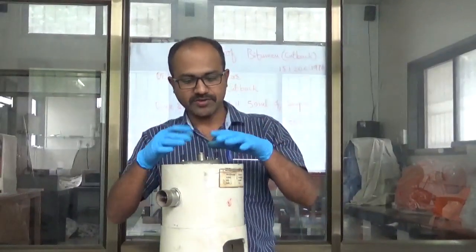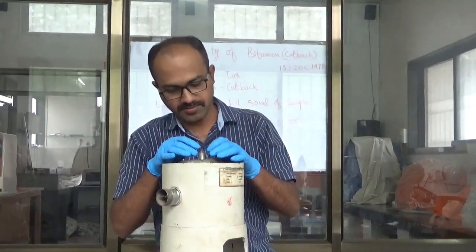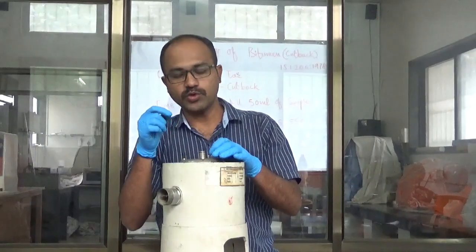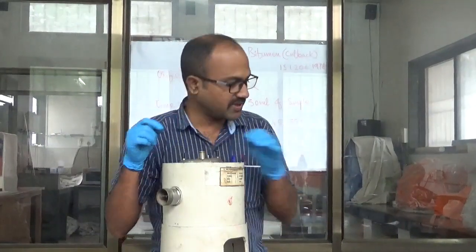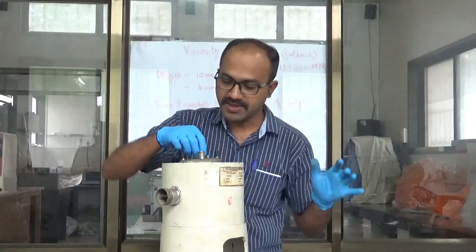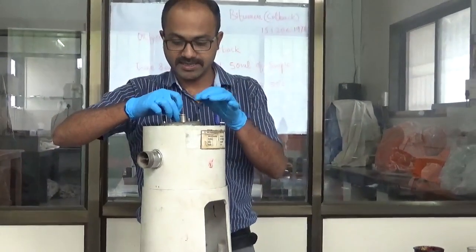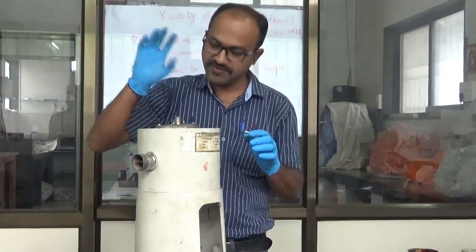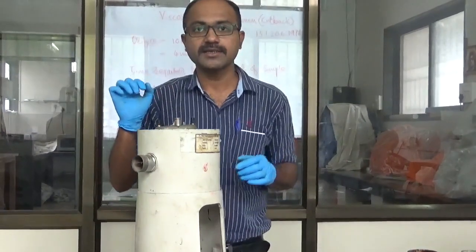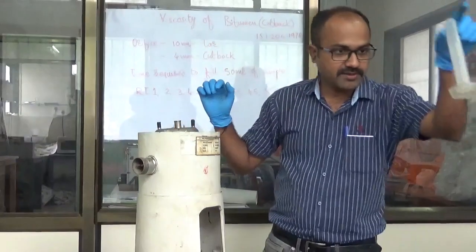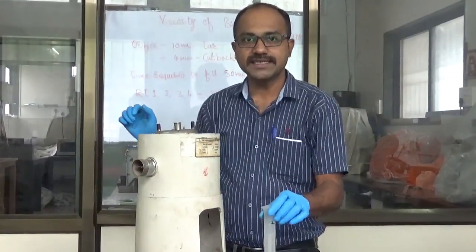First we are going to fill this cup with the cutback up to the mark that I have told you. First place this stopper exactly at the orifice, then fill the sample up to the mark and keep your measuring cylinder.